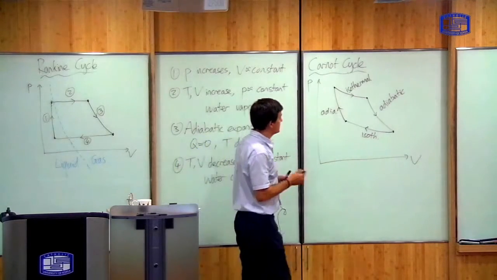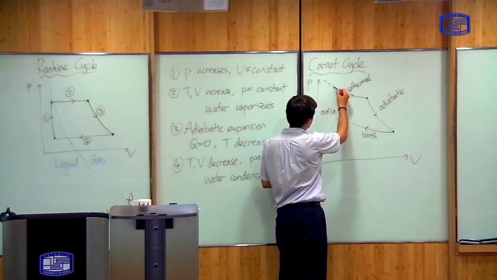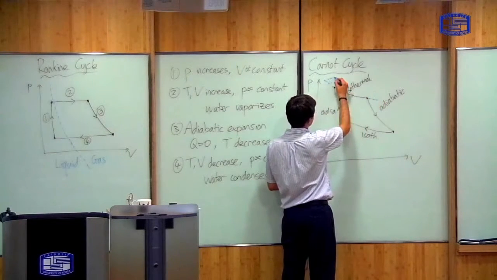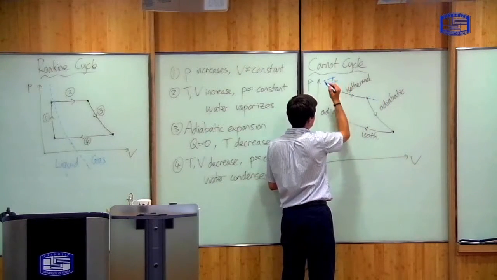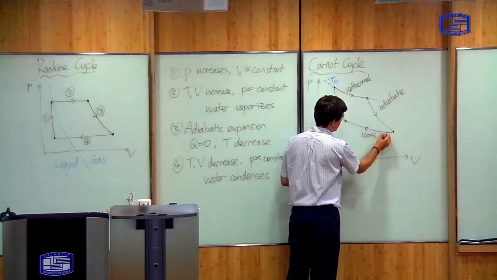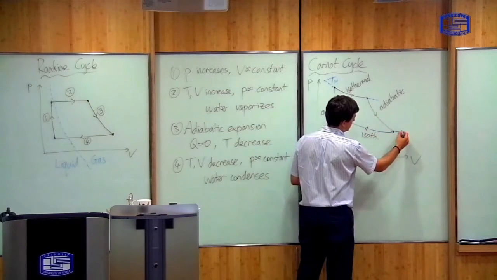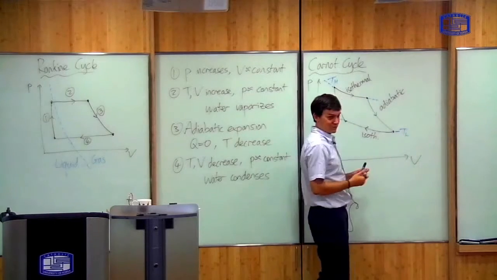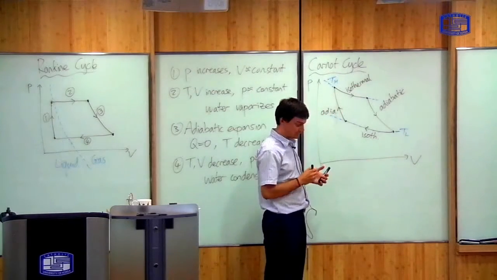So you notice, because this is an isothermal expansion, the temperature along all of this point is constant. Let's call it TH, because it's high temperature. And the temperature along all of these points at the bottom is also a constant. Let's call it TL for low temperature.